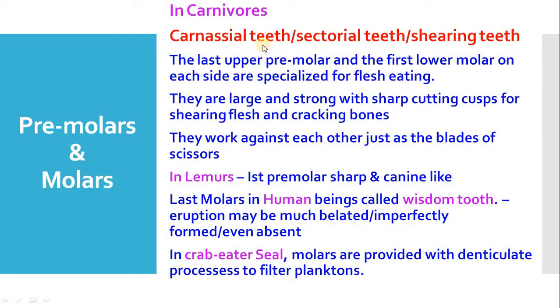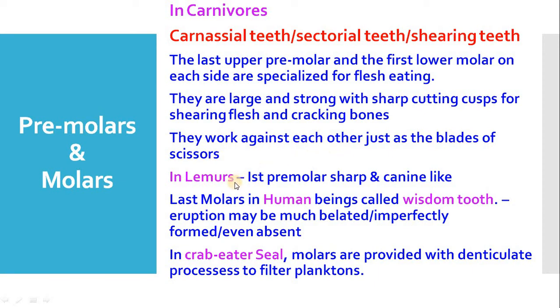They are called carnassial teeth. That set is called carnassial teeth. They are large and strong with sharp cutting cusps for shearing the flesh and cracking bones. They work against each other. They are adjacent, and they're working as blades of scissors.